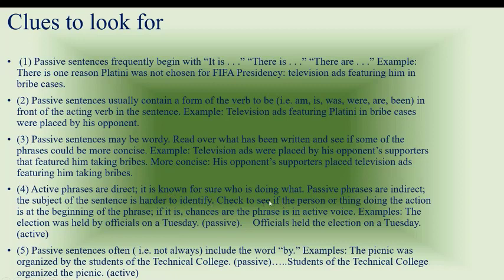So check to see if the person or thing doing the action is at the beginning of the phrase. If the person doing the action is at the beginning of the phrase, then it is in active, while if it is omitted or in another place, then it is in passive.